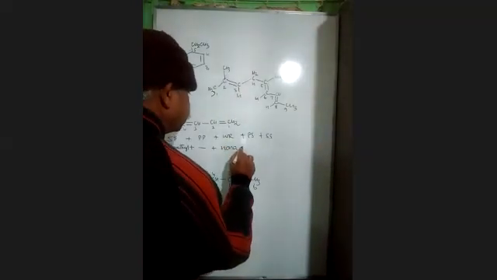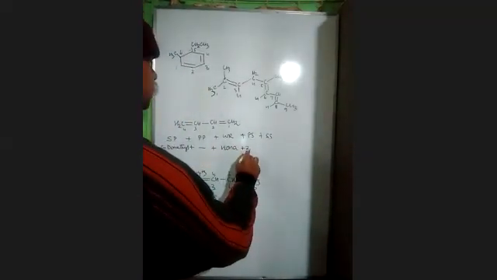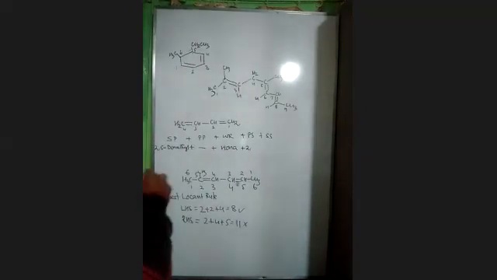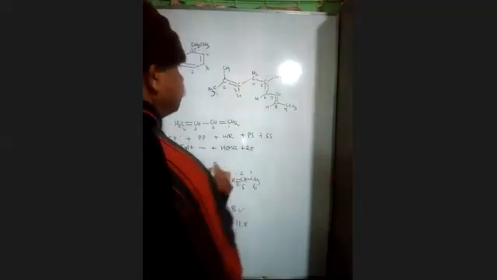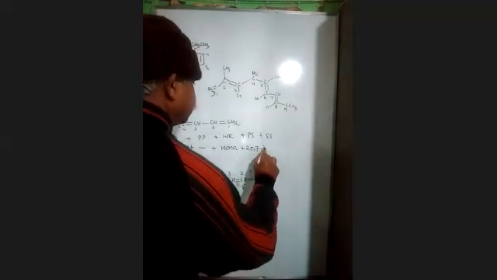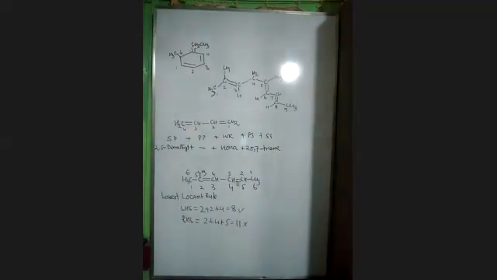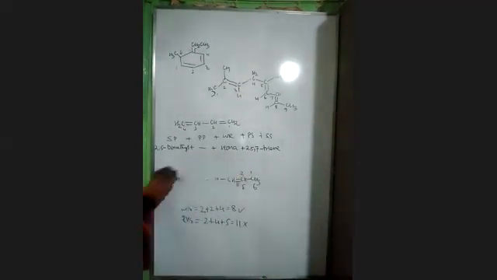Nona, then 2, 5, 7. Very good. The name is 2,5-dimethylnona-2,5,7-triene. Very good. Now I'm happy that you have learned.